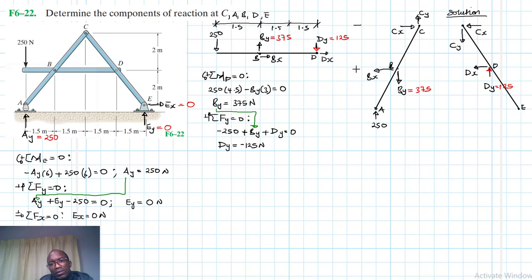So what are the dimensions for this? Let me just use a straight line like so. Okay, so this one is 2 meters. This is 2 meters and this is 2 meters.